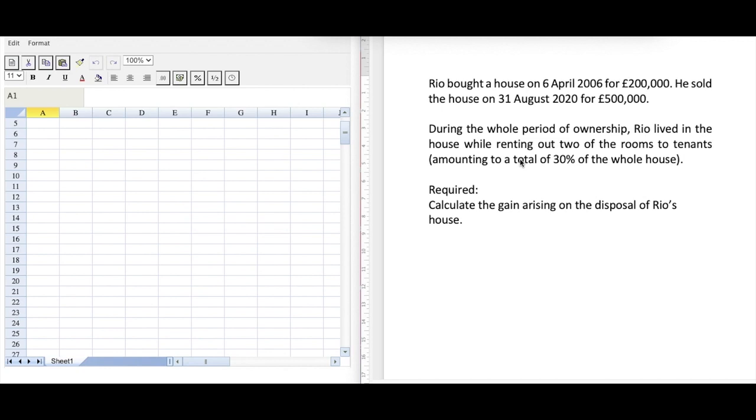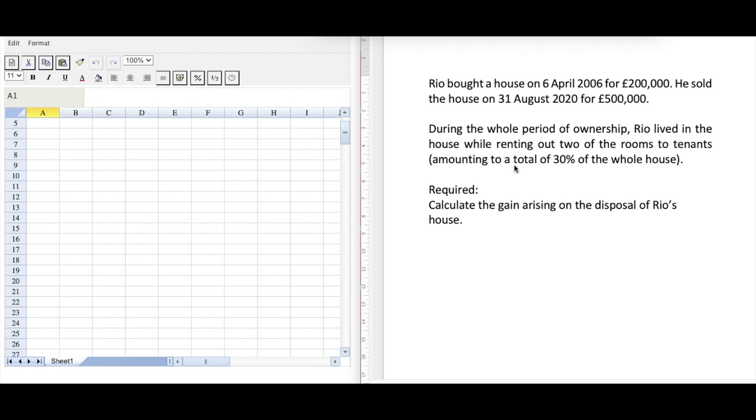Now this is just the same as what you would have studied under a previous Finance Act, if you're resitting. However, what is completely different now, if you have studied tax before, is the way we treat the fact that there is some letting happening during the period that Rio owns that property.